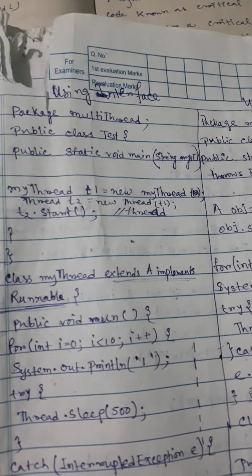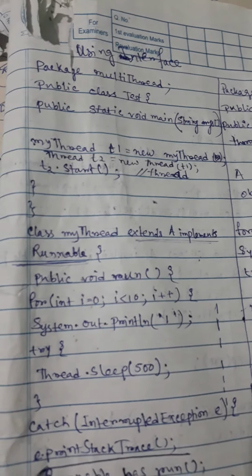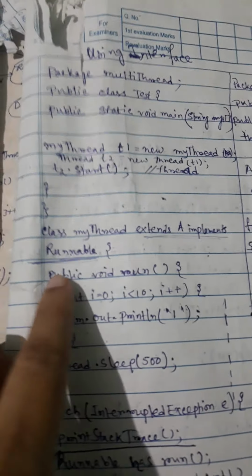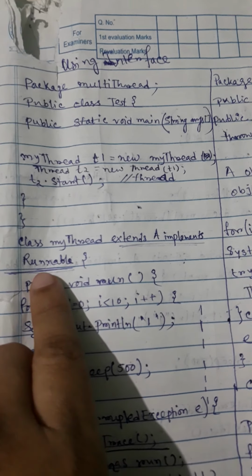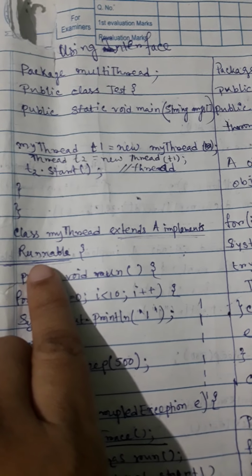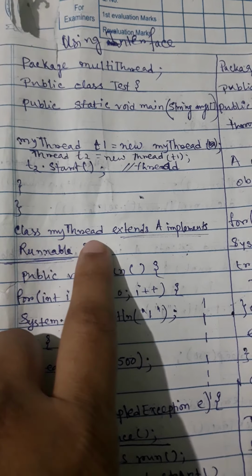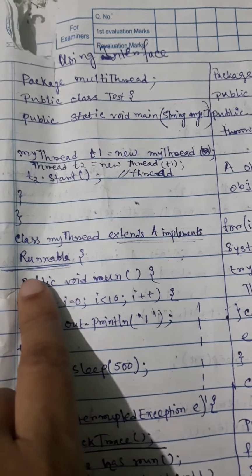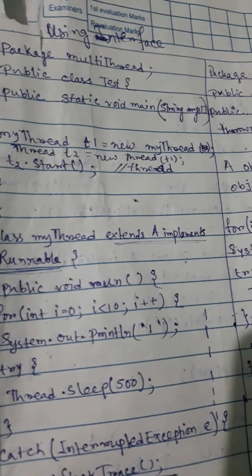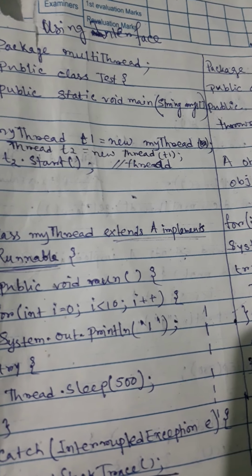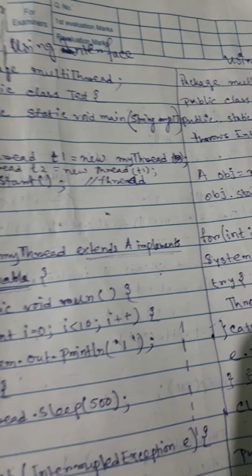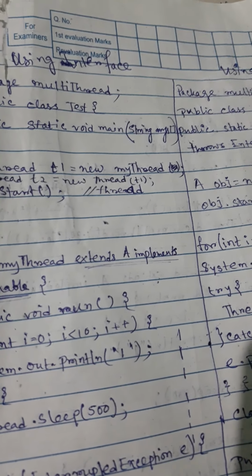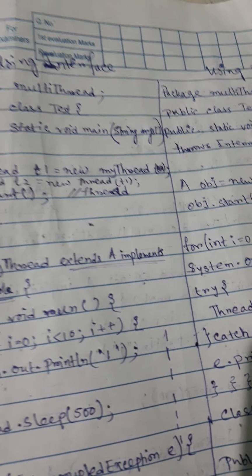Next is thread creation using interface. Here MyThread is the subclass, which implements Runnable. Runnable is the interface; you can write class MyThread implements Runnable. All of you know that an interface has only method declarations but not the body of the method; no definition is there.